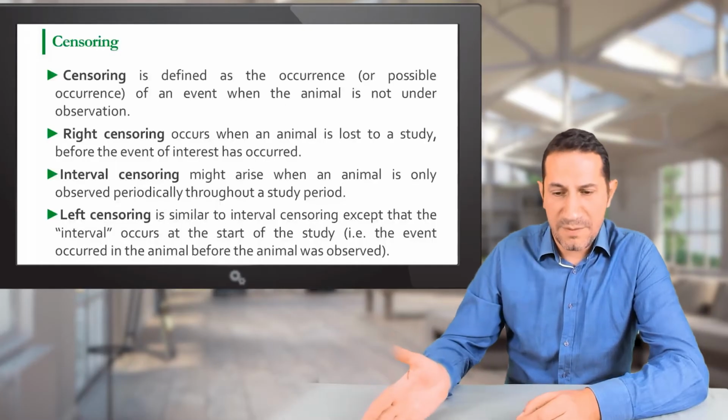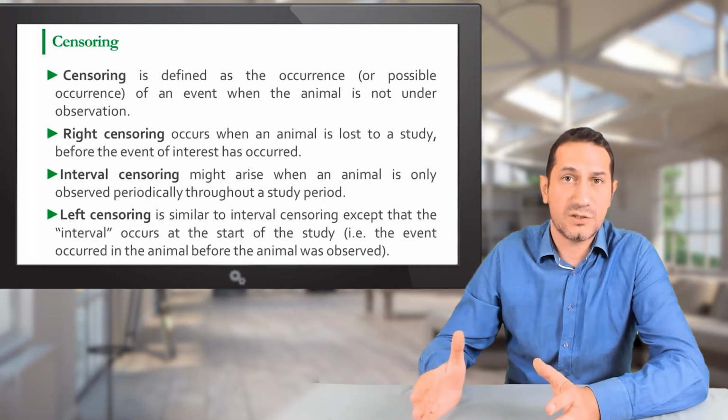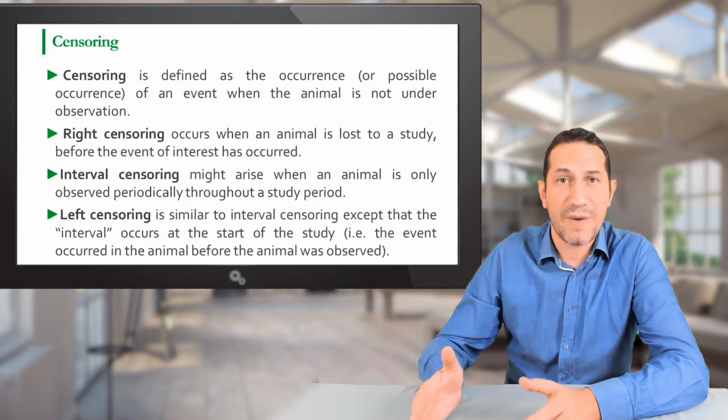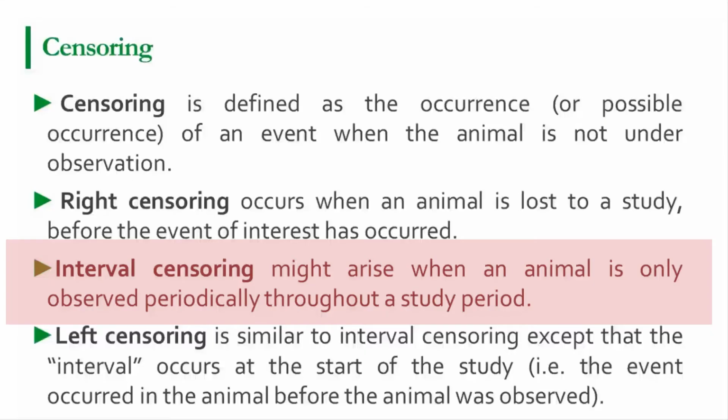But in a time period we find out and realize that an animal died, so we don't know the exact moment when the animal died because it's 6 months, and we would say it has occurred between the interval 1 to 2 or 2 to 3, so it depends on the interval to identify where that animal falls. So then we censor that slice of time.